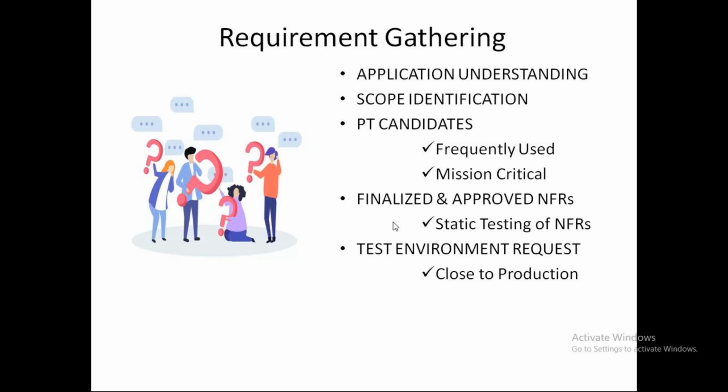So in the requirement gathering phase itself, you need to place a request with them regarding the performance test environment. Clear? Now the question is, what kind of environment will that be?